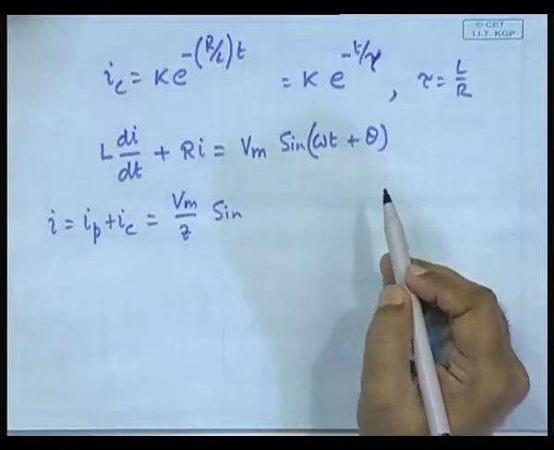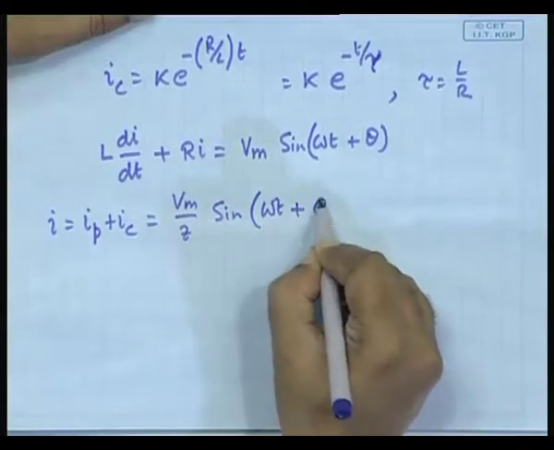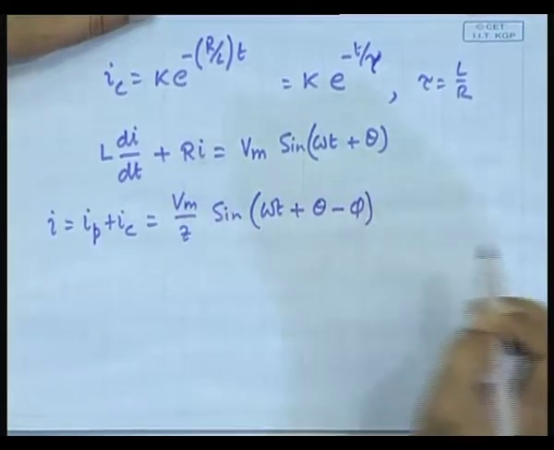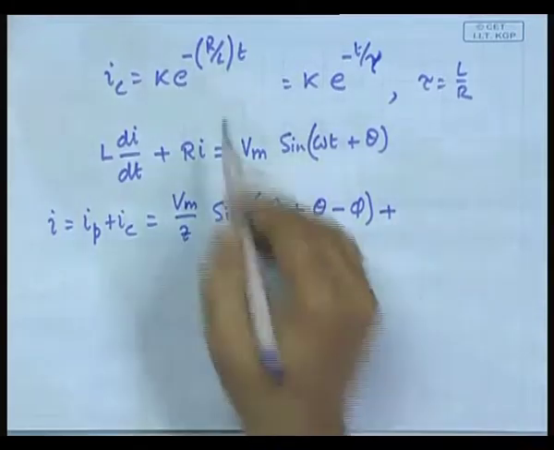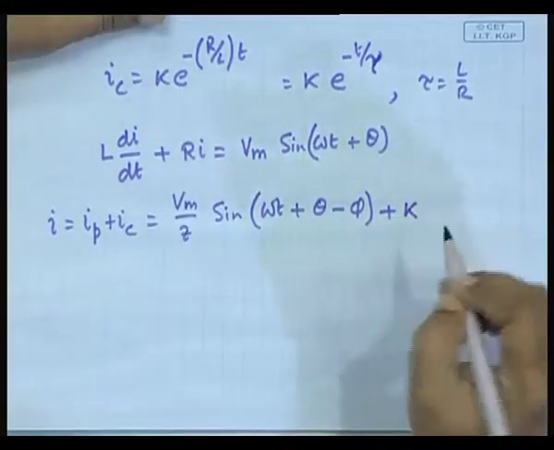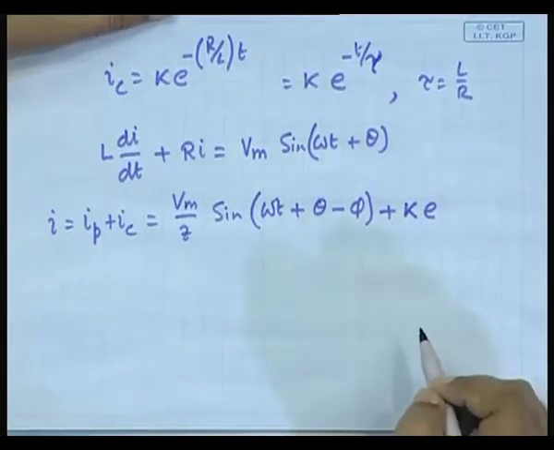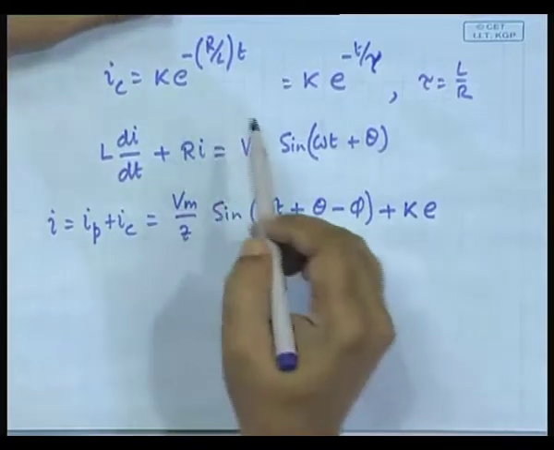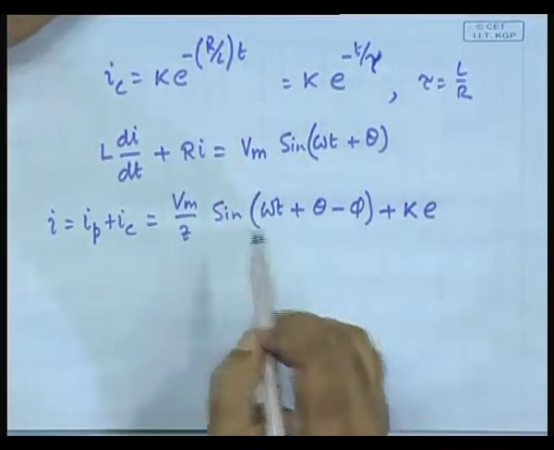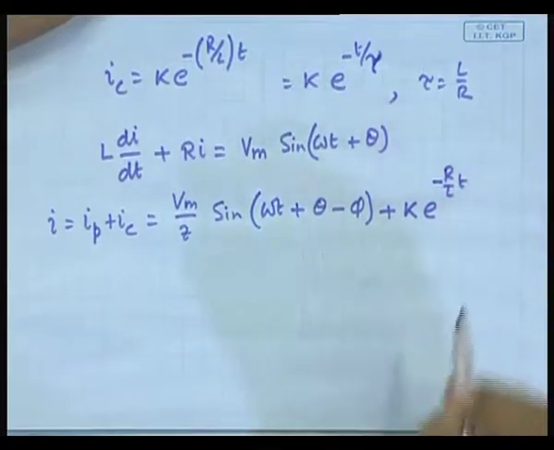In place of omega t, we will have to write omega t plus theta minus phi, okay, plus this term k e to the power minus R by L t.